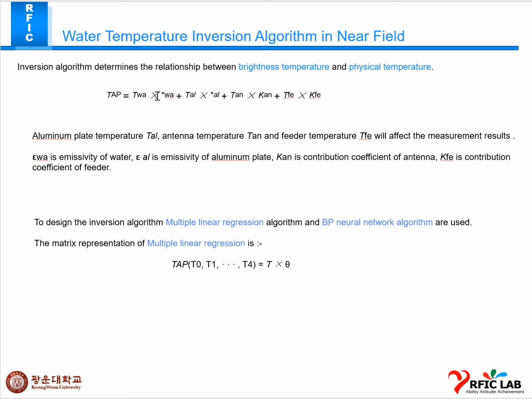What TW stands for and what TL is, I have mentioned in this slide. TL is the aluminum plate temperature. TN is the antenna temperature, and KN is the contribution coefficient of the antenna. This is how we calculated it.